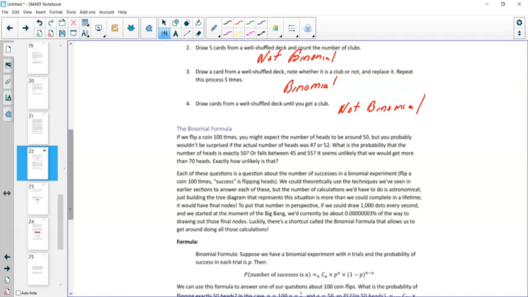To put the number in perspective, if we draw 1,000 dots every second and we started at the moment of the Big Bang, we'd currently be about 0.000000003% of the way to drawing out those final nodes. Luckily, there's a shortcut called the binomial formula that allows us to get around doing all those calculations.